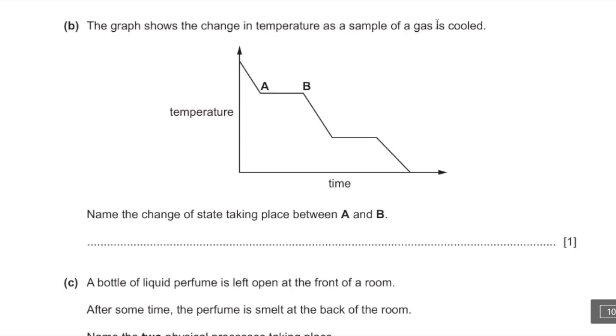Since as molecules get closer together, they turn from gas into liquid and then liquid to solid. And the region where you see a straight horizontal line is the region where the conversion of gas to liquid is taking place. And this conversion over A and B is condensation.